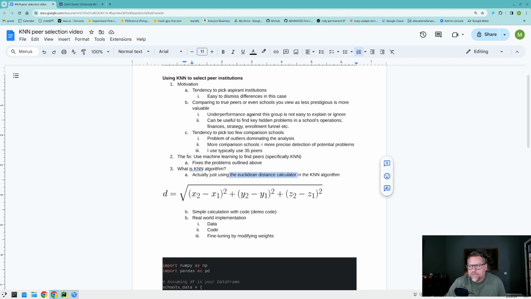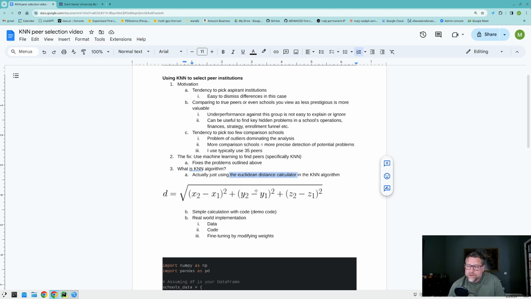All right, so we use part of the KNN algorithm. In particular, we use the part that's calculating the peer set. And the way that the peer set is calculated in KNN is really simple, actually. You just calculate the distance between the target school and other schools on a number of metrics. And whichever schools have the closest distance, you keep those, right? So the top 30 closest schools, if your K is 30, you'd be picking the closest 30 peers as your KNN peer set.